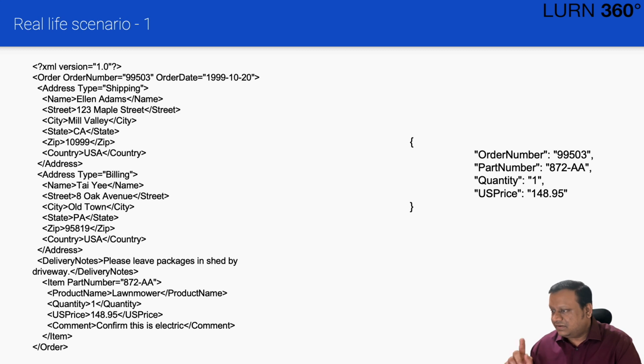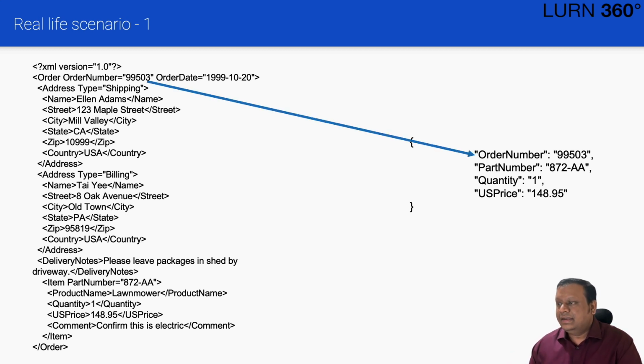The first field, which is the order number, will get its data from this top parameter. That's the attribute called order number, and the value is 99503. Whatever value we receive as part of this order number attribute would be automatically mapped to this order number in the JSON. The second field we need is the part number.